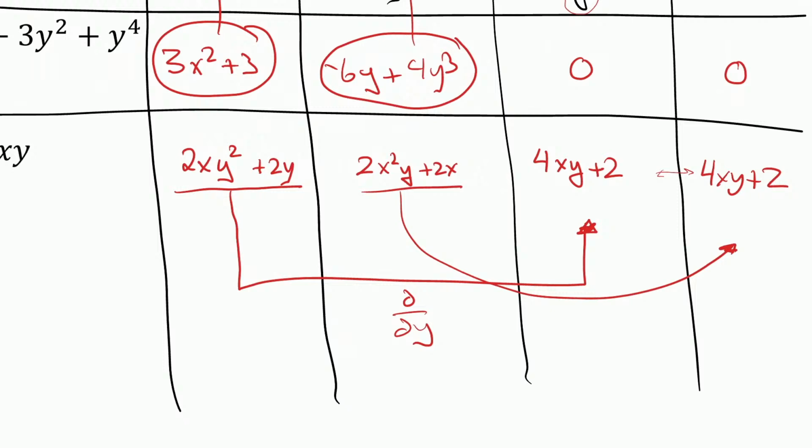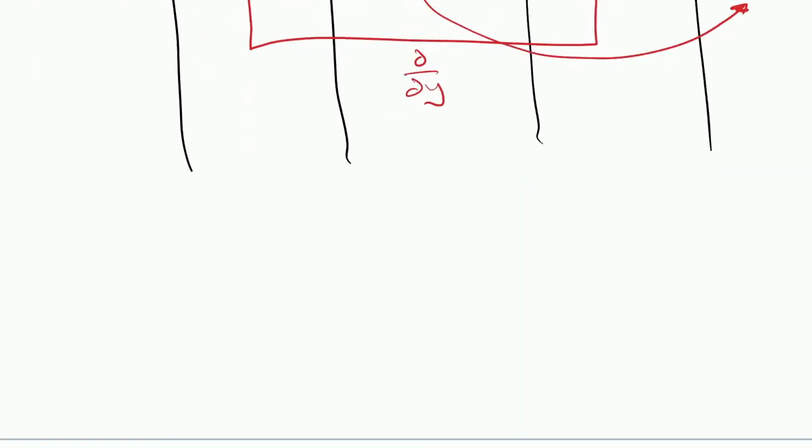So it turns out that there's a theorem that says that, in fact, the derivative like that is always going to be the same as the derivative like that. So if you have a mixed second derivative, you can do it either way. I should say that when I say always, I mean always as long as you don't have some crazy function.